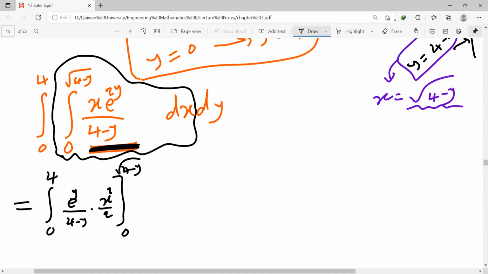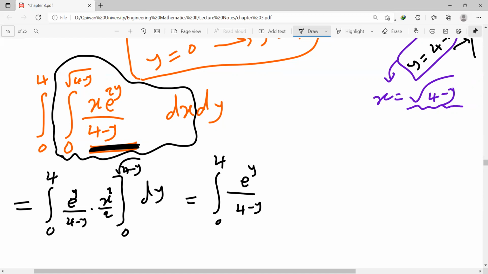We substitute x by these two values because we took the integration with respect to x. We don't substitute y by these values. We substitute x by these lower and upper limits, because we took the integration with respect to x.